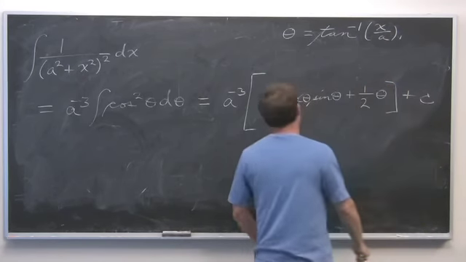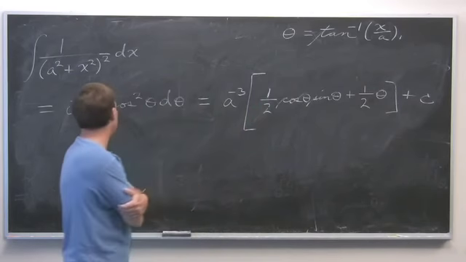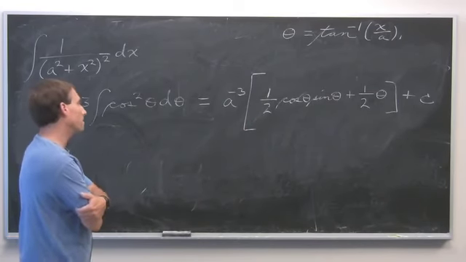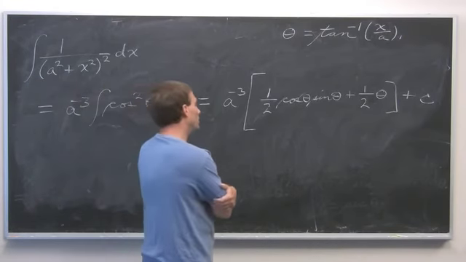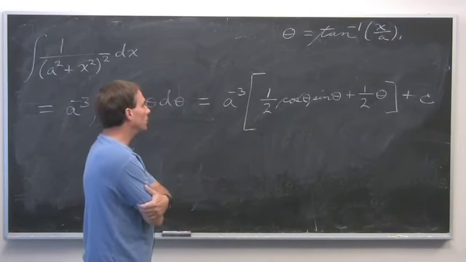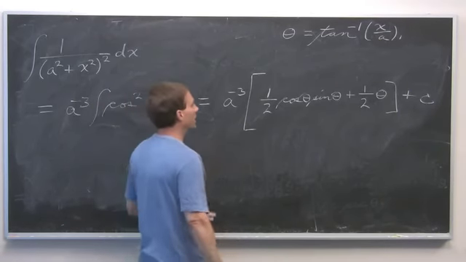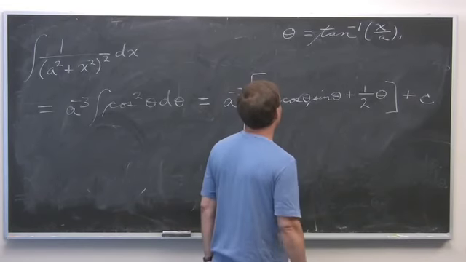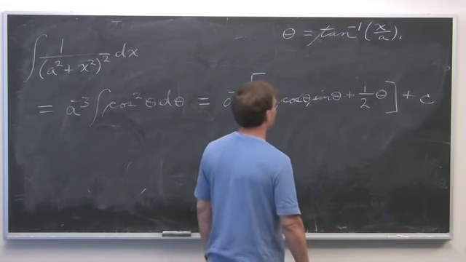All right, this is what we got a couple of minutes ago. Now you replace the references to theta with references to x and a, and you have to do something to make this look a little nicer.